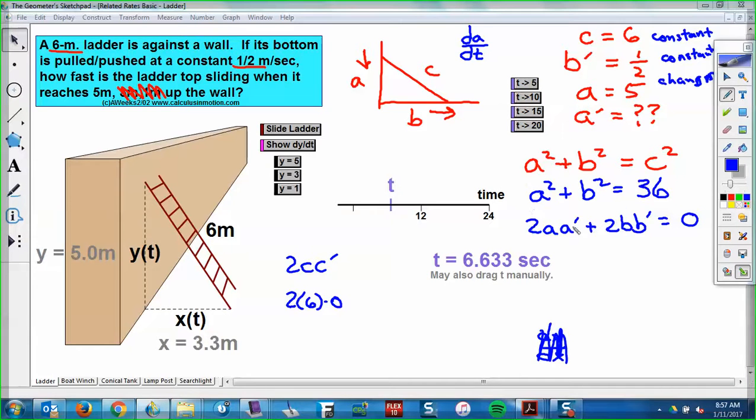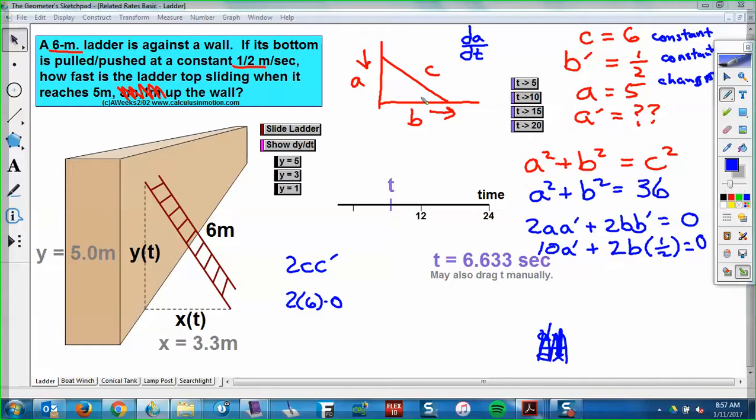Now we start plugging stuff in. We can now plug in our 5 for a. So we now get 10a prime plus 2, what's b? We don't know that yet. What's b prime? 1/2 equals 0. So now we've got a problem. We need b.